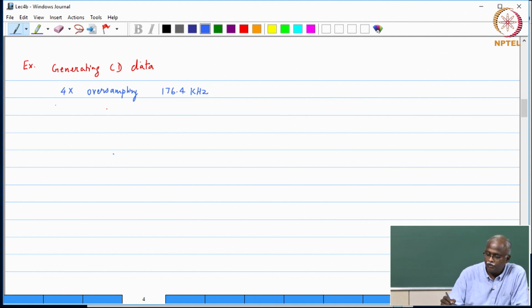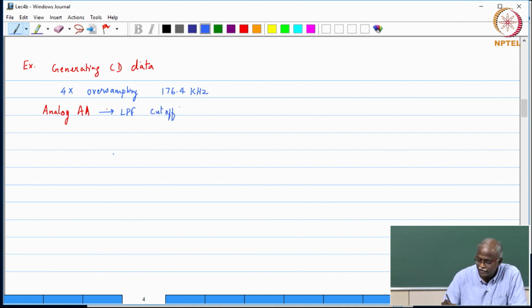Now, the reason for doing that is that we had an analog anti-aliasing filter. It really was not an anti-aliasing filter because it allowed aliasing to occur. This actually turned out to be a low pass filter with very relaxed criteria. The cutoff frequency, as we mentioned in the last class, was actually not omega s by 2, but something well beyond omega s by 2.